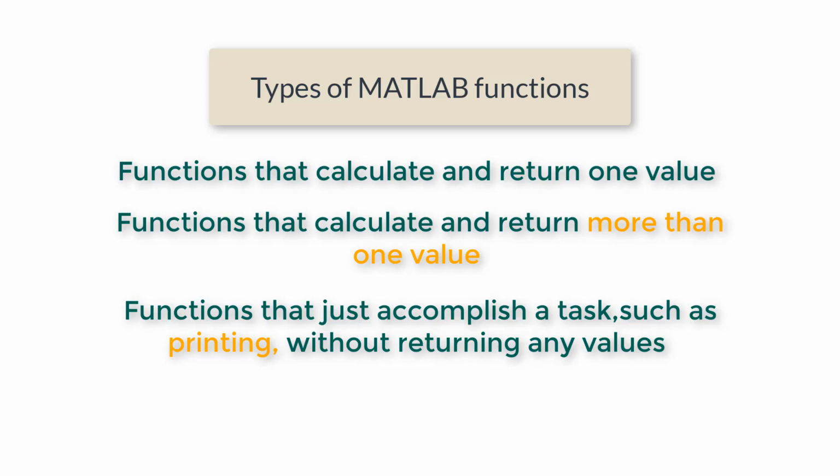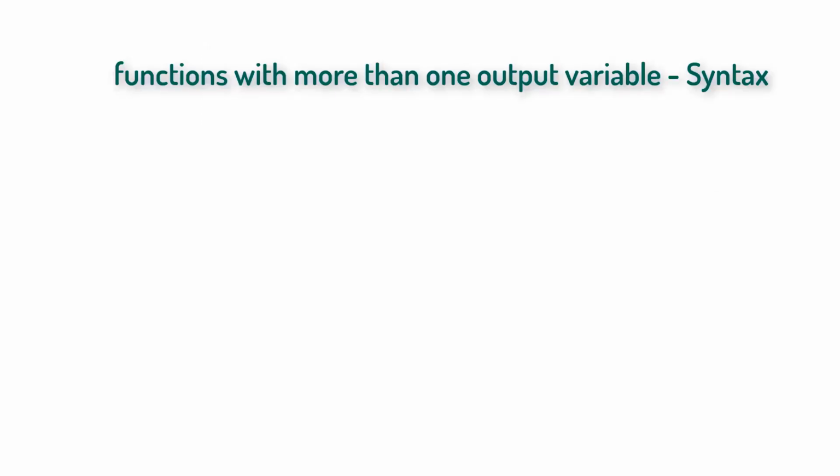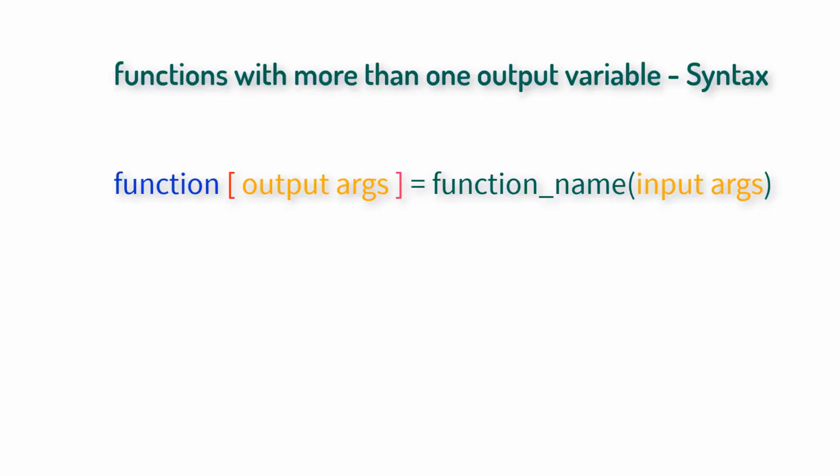Let's have a deeper look at the functions that will return more than one output variable. The syntax for such functions looks like this. You have the function keyword followed by output arguments, which are placed within square brackets.